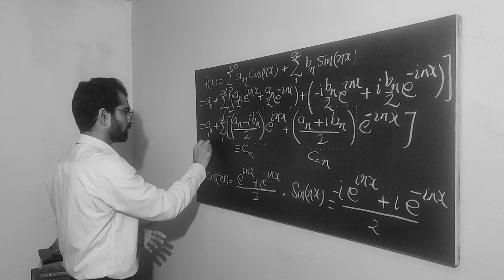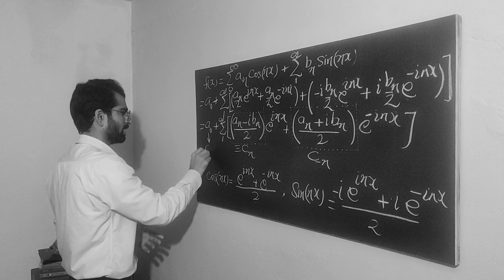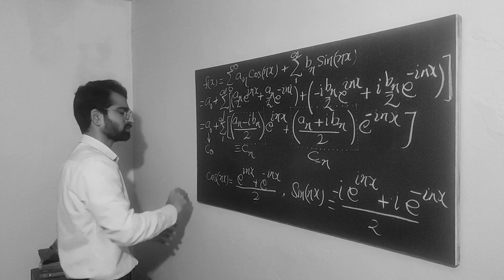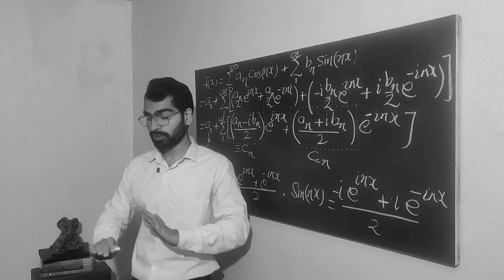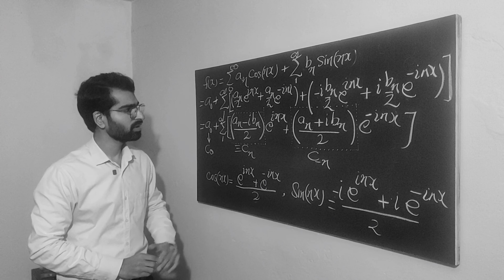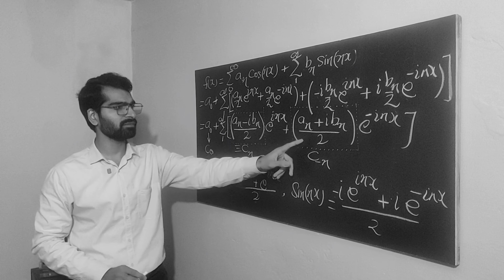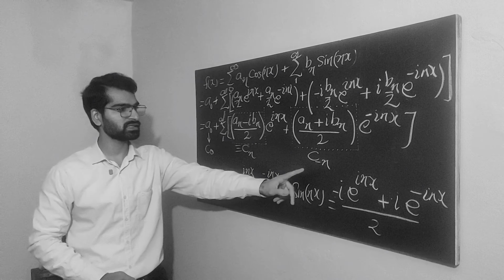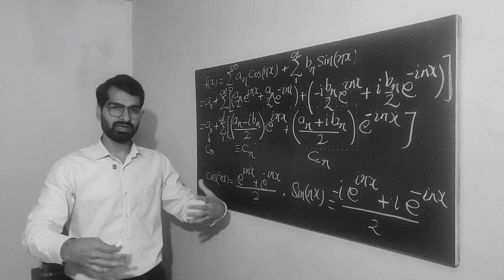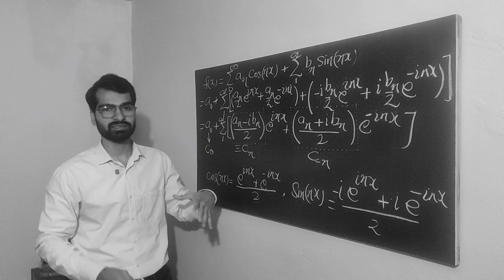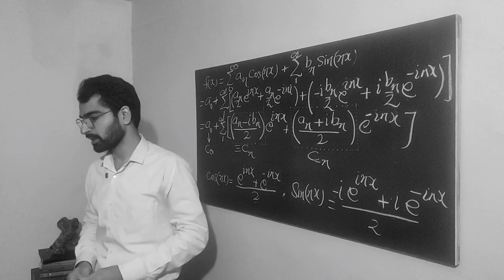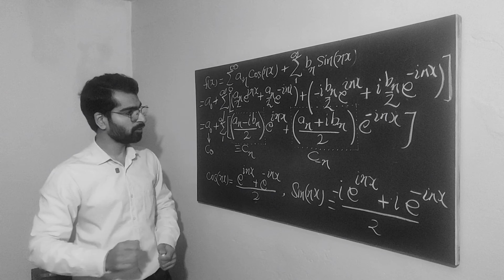And I rename this as C0. That's all, that's what I did. I just renamed them. And you might want to note them because once we have Cn's and C negative n's, later on we might want to find An's and Bn's, the real amplitudes, from here. I will move forward.